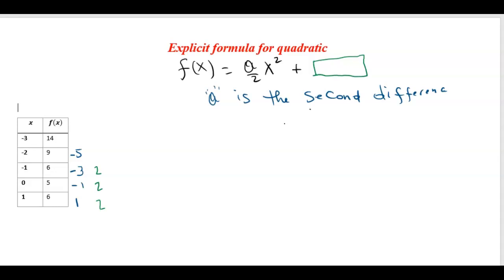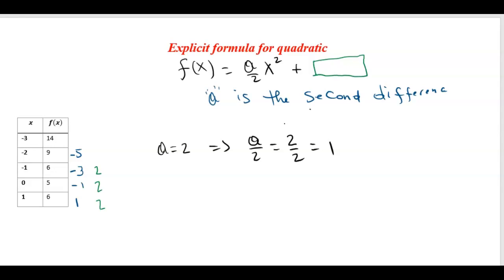So now we're going to take the second difference. a is equal to 2, so if we do a divided by 2, we have 2 divided by 2, so that is 1 right here. That 1 is what we're going to put in front of the x squared.